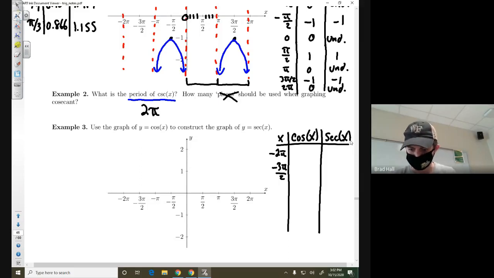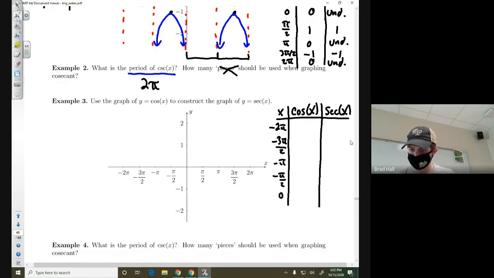These are the quadrantals, of course. -pi, -pi over 2, 0, pi over 2, pi, and so on. When cosine is 0, that's all the over 2 ones.